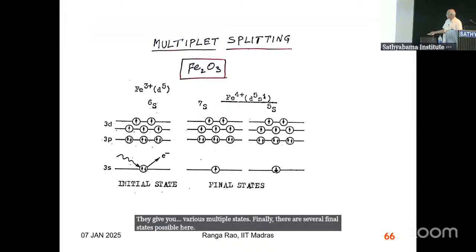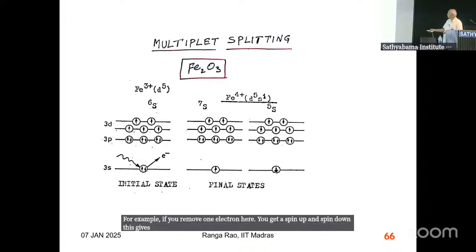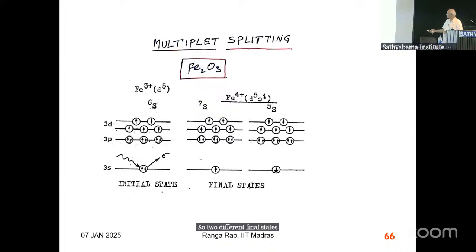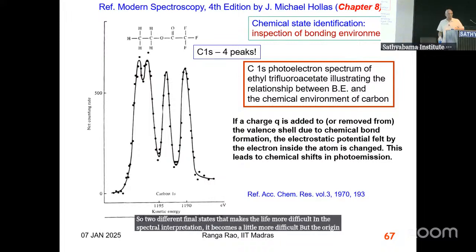For example, you remove one electron here, you get a spin up and spin down. This gives you one final state S7. This gives you final state S5. These are nothing but term symbols. Some of you may know term symbols. So two different final states. That makes life more difficult. In the spectral interpretation, it becomes a little more difficult. But the origin is multiplet splitting.